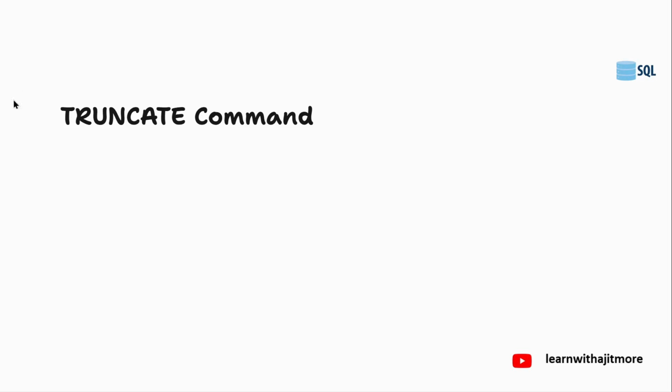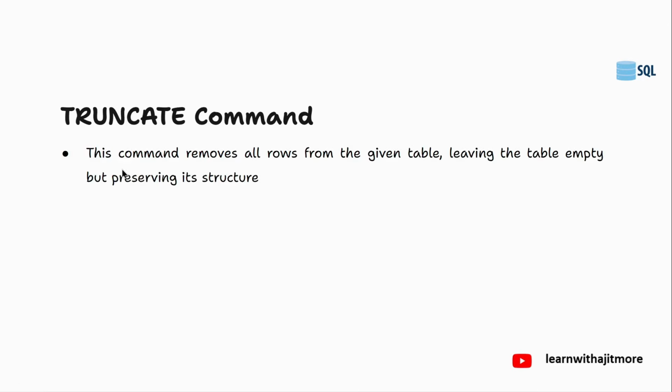Now coming to the truncate command. This command removes all rows from the given table, but the structure of the table will remain, leaving the table empty, preserving its structure. Structure will remain, structure won't go.